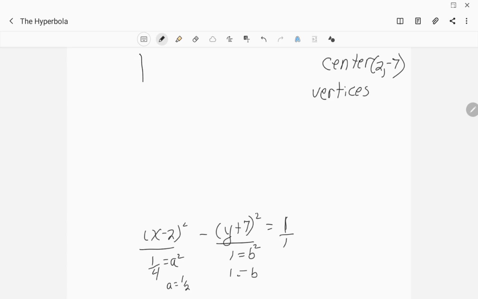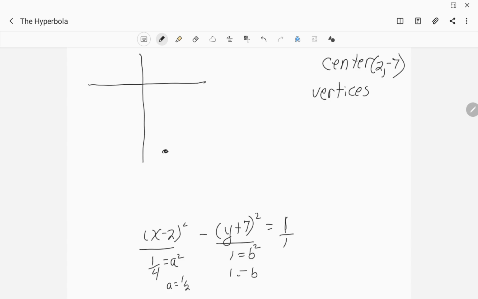My vertices, in other words, where is each vertex? This is why I draw it, so that hopefully you can see it. If my center is 2 and negative 7, 1, 2, 3, 4, 5, 6, 7, right about there somewhere.